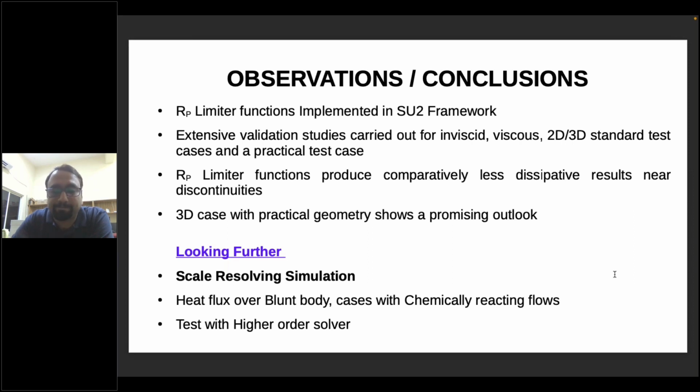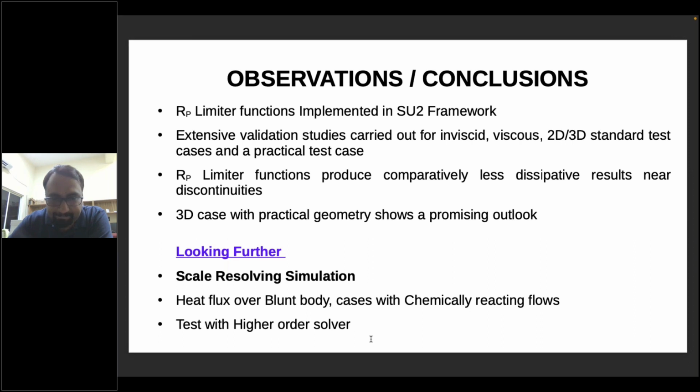And for sure, you can try with higher order solvers, because Venkat won't retain higher order accuracy, higher meaning beyond second order. If you have solvers, or somebody else adds them into SU2, definitely you have to move to these RP limiters. Does it answer the question, David?